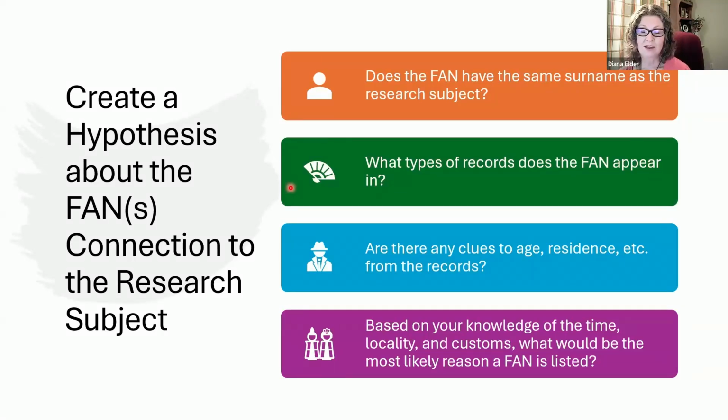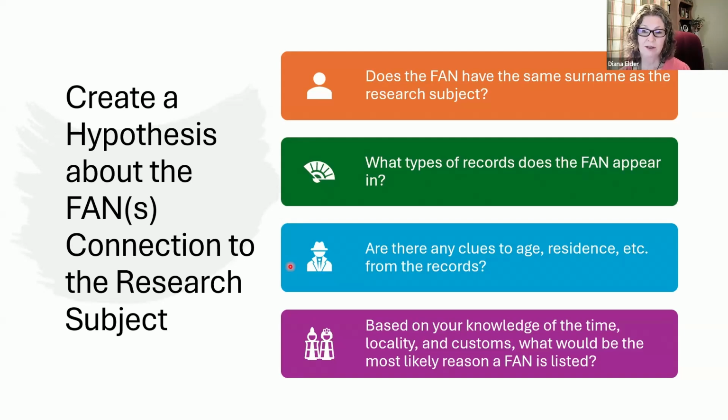And so as you learn more about the records and why people might be appearing in them, it'll help you to start getting some clues and some understanding about your fans. You'll also want to take note if there are any clues to age, their residence, anything you can see in the records.